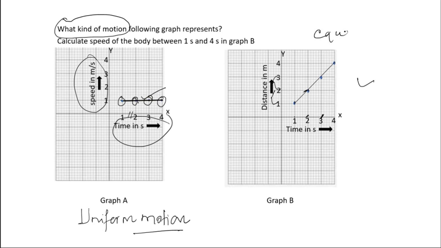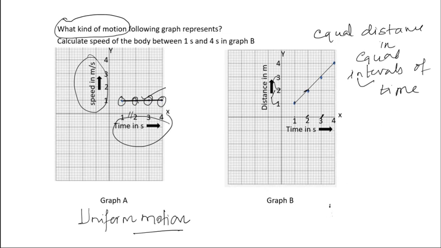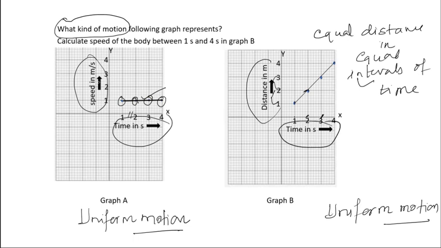Equal distance is covered in equal intervals of time. And what kind of motion is it? Again uniform motion. So please remember, when you look at the graph, what you have to do is first look at the x-axis and y-axis, what is written here.